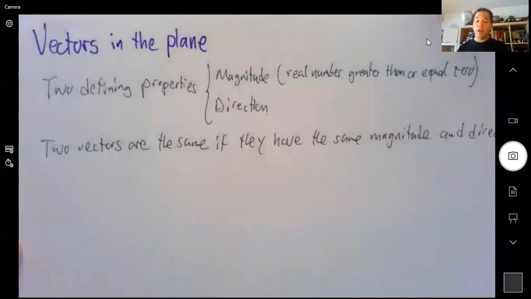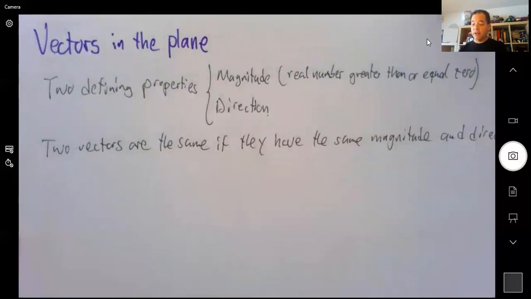We'll also be talking about quantities, numbers that have no direction. When we talk about vectors, those regular numbers we call scalars.